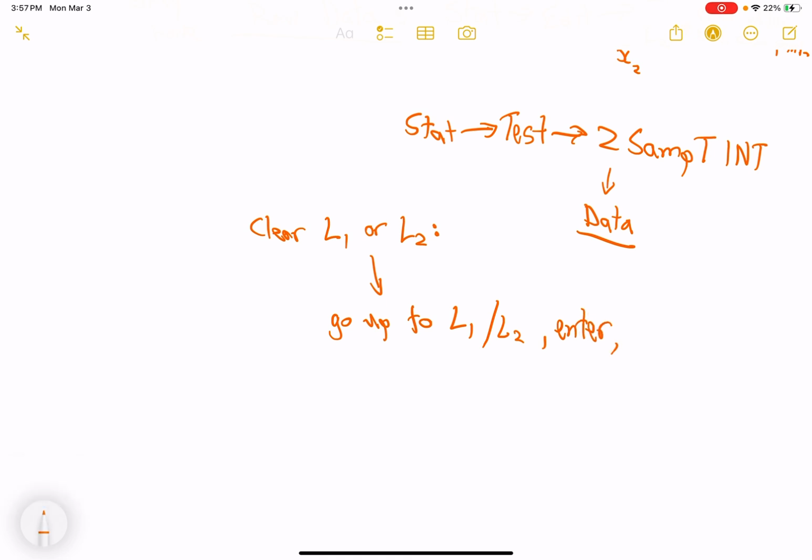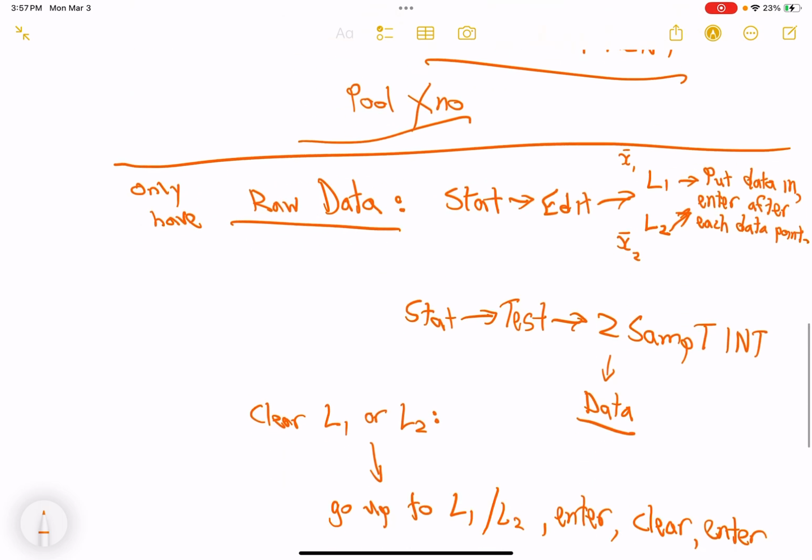Then once you've clicked enter, click clear, then click enter again. And what you will see is that all of L1 then clears itself and you can fill it in with new values. So just as a side note, that is how you calculate raw data using this particular function.